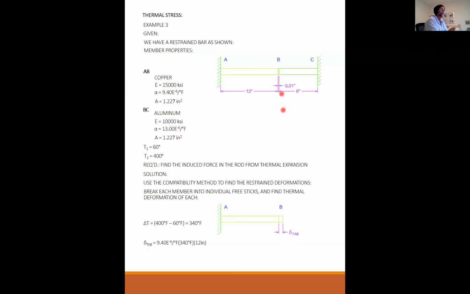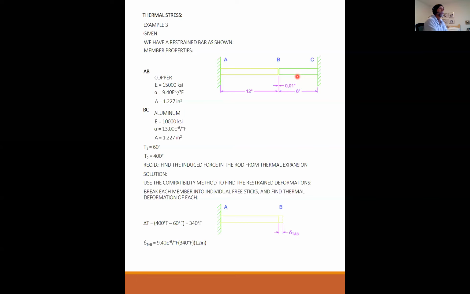What I wanted to point out is that there is no other loaded force on the system. So due to the lack of any external forces, that is what tells you that the force in AB has to be the same force in BC.